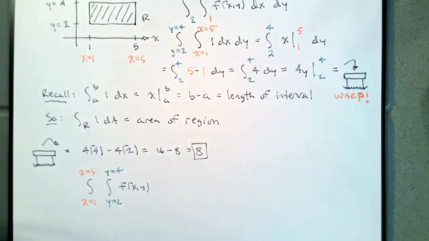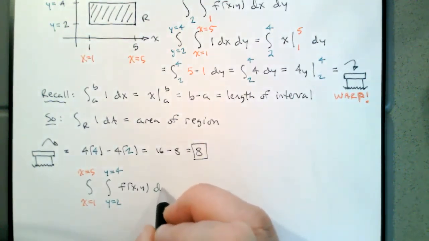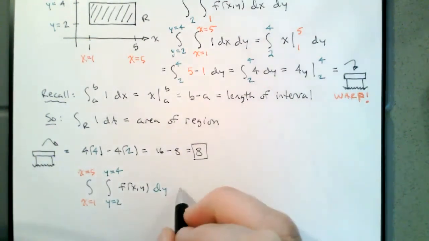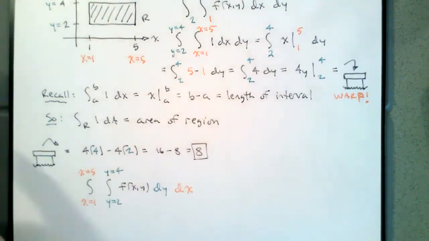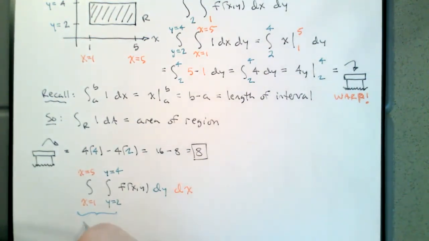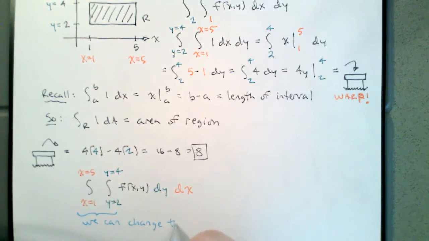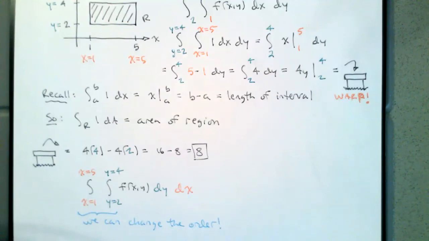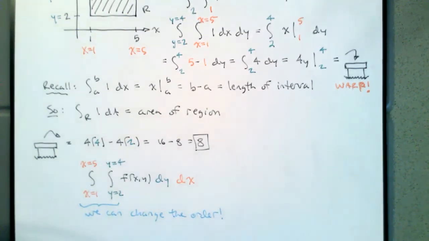But in this case, the dy integral should be listed first. And then the dx integral will come second. So we can change up the order. In this case, it wouldn't matter because we're just describing a rectangle. The region is a rectangle, very simple.